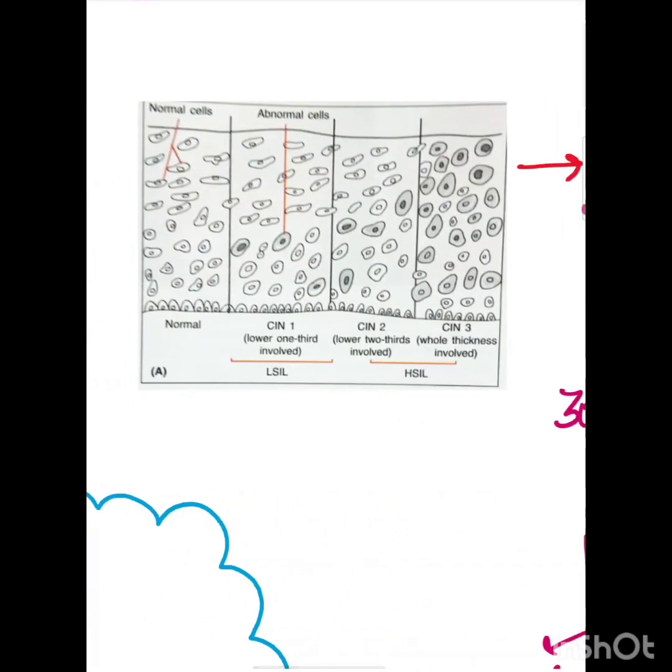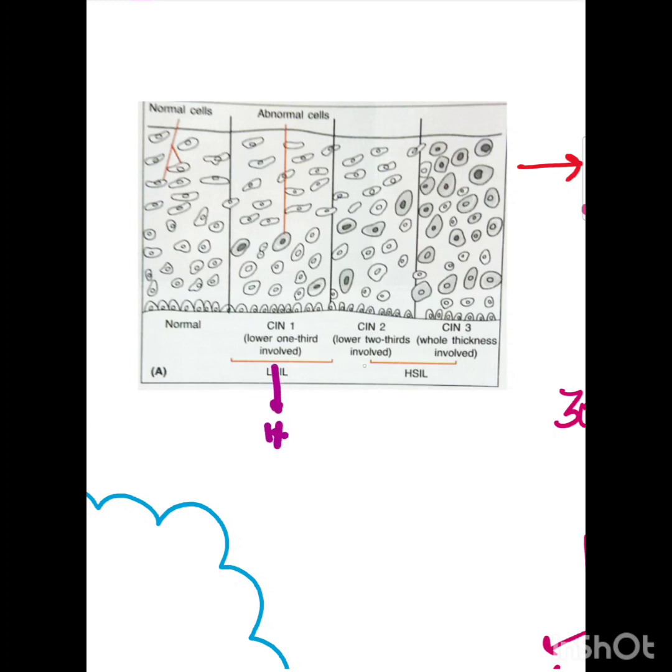Now, there are three types of CIN. CIN 1 is when the lower 1/3 is involved, and we call it LSIL. CIN 2 is when the lower 2/3 is involved, and CIN 3 is when the whole thickness is involved. So you should know about these. Then remember that in CIN 1, transformation to cancer occurs in only 1% of cases.